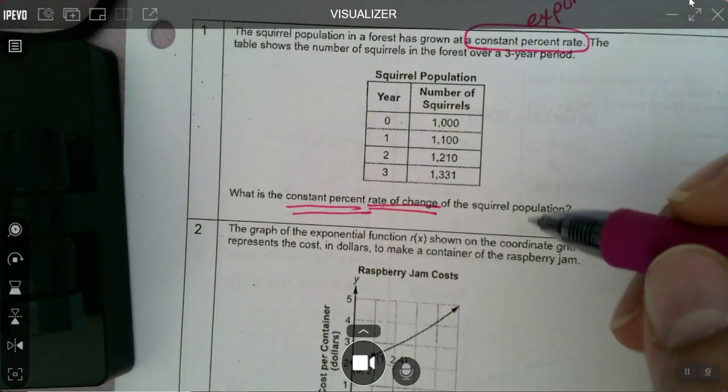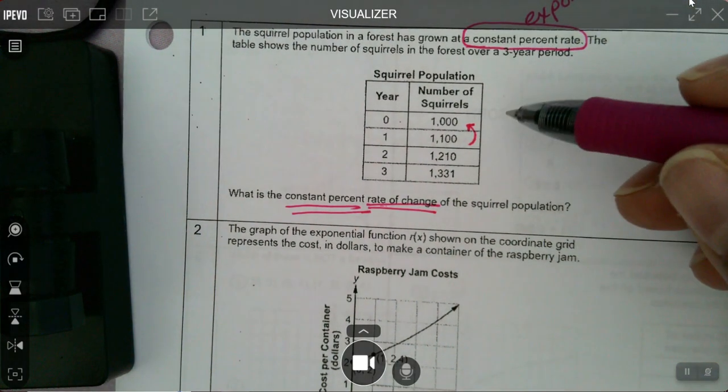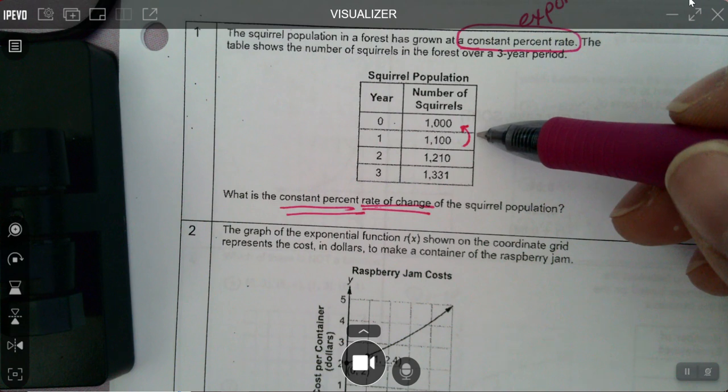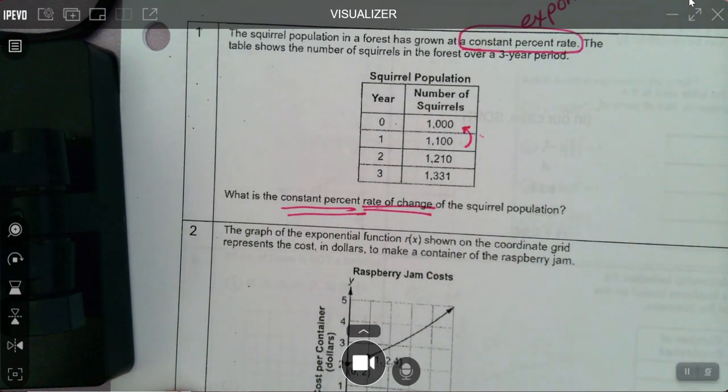Okay, what's the multiplier, first of all? So Miles, what are we doing? 1,000 over 1,100 or 1,100 over 1,000? Excellent, but you're not doing it right now.